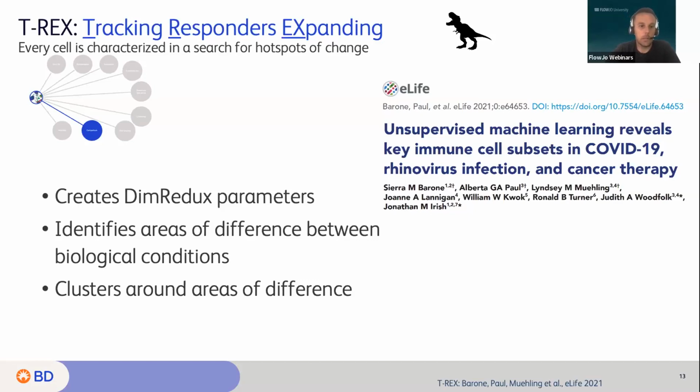And the big difference from doing it manually is that it's gonna identify the areas of differences between the different biological conditions and create clusters around those areas of differences. So it's not just gonna cluster everything, it's really gonna focus on which cell populations change or appear or disappear, and show you those clusters. Instead of showing you maybe 20 clusters, it's gonna show you 5 or 6.